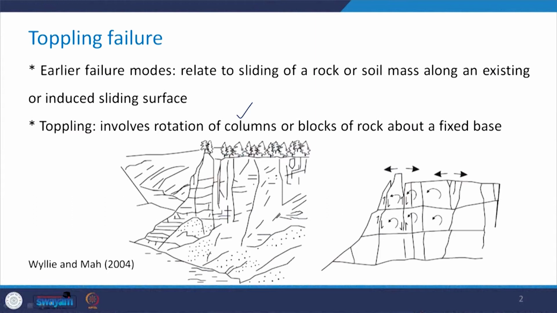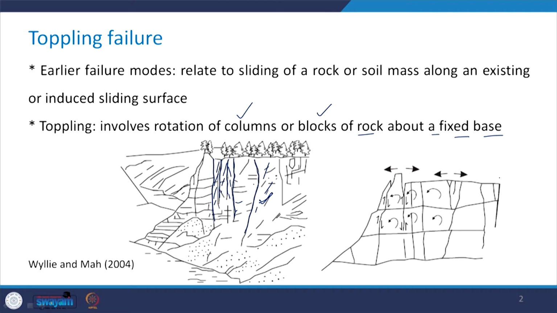It involves the rotation of columns or blocks of rock about a fixed base. Take a look at these pictures. You can see that the rock mass here has very steeply dipping joints, and therefore it creates such columns in the rock mass.